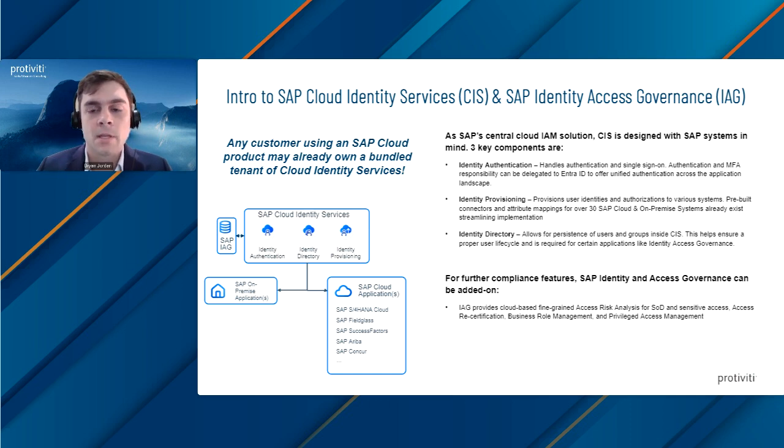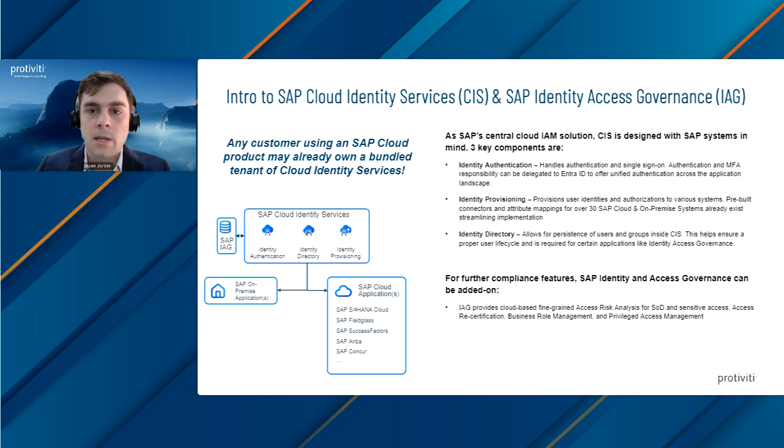So it really helps reduce the knowledge that you need to know on these downstream systems and how their user identity attributes work. There's also the identity directory that allows for persistence of users and groups inside of CIS. So this helps and is required for other applications, but it's another key component.